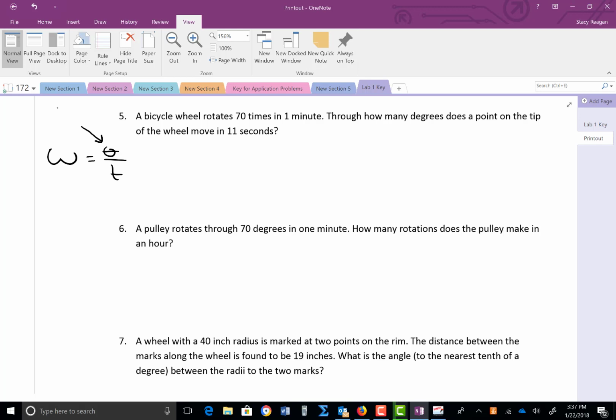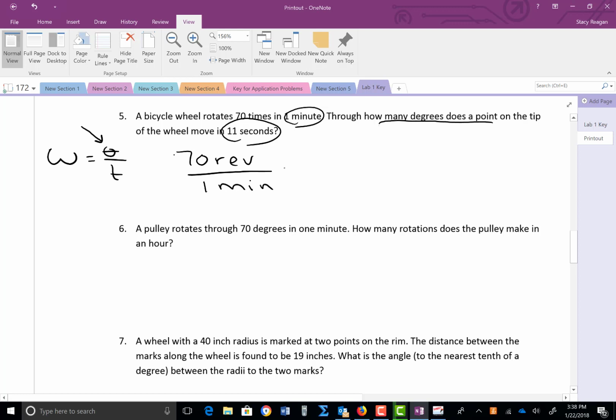You can make those conversions. And in fact, in this one, it asks you to do degrees. And it's talking about 11 seconds. So we've got our rotation, it rotates 70 times in 1 minute. So we know that the angular velocity that they have given us is 70 revolutions or rotations in 1 minute, and they want us to have degrees, and they're talking about seconds.